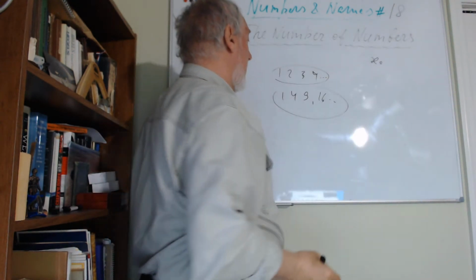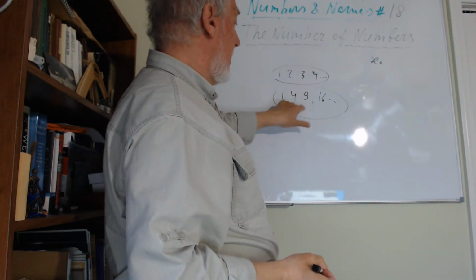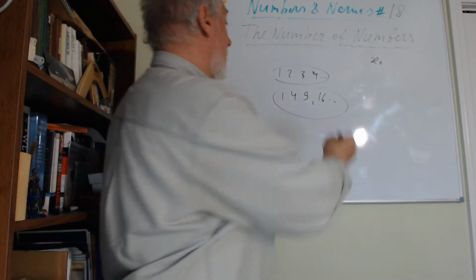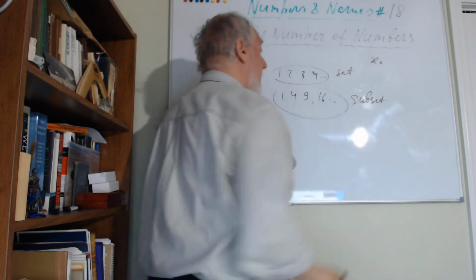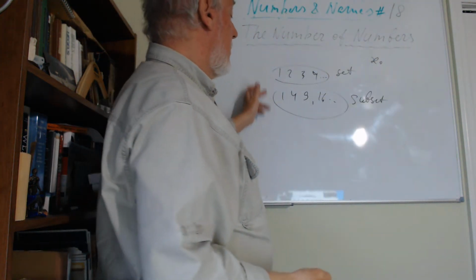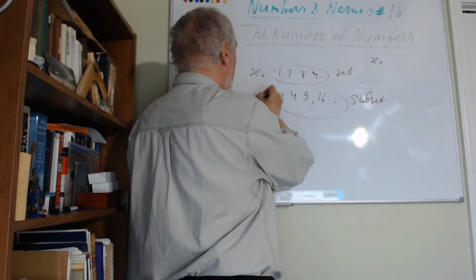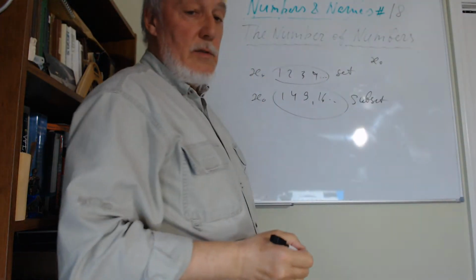We can find them here somewhere. But not all of the numbers are in the subset. So this is a subset of this set. And still, the amounts are the same. This is aleph null and this is aleph null. So they're both countable.